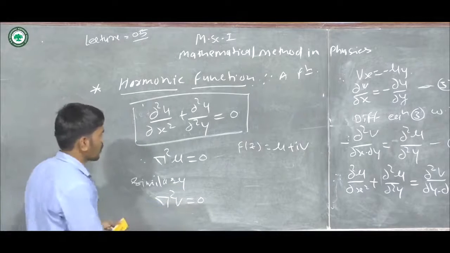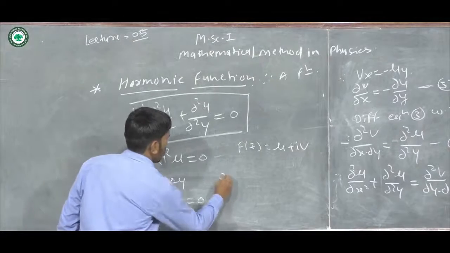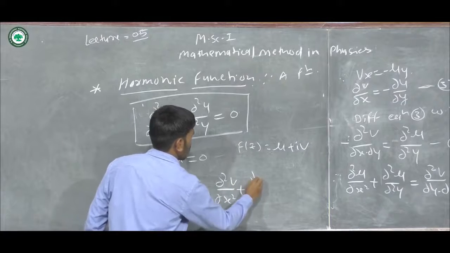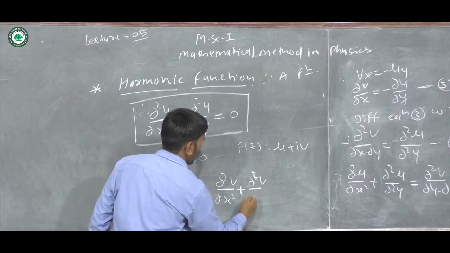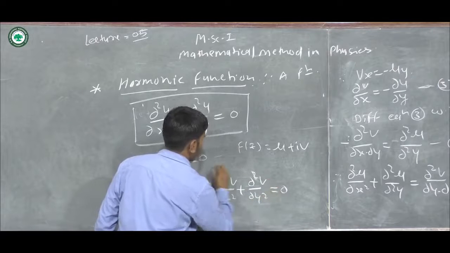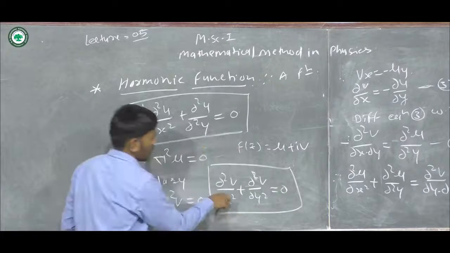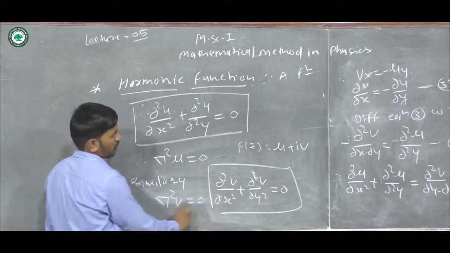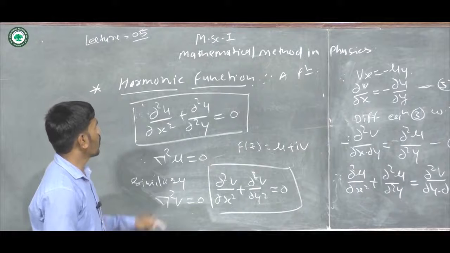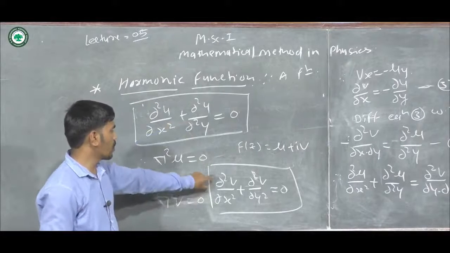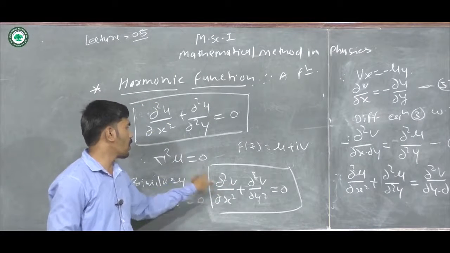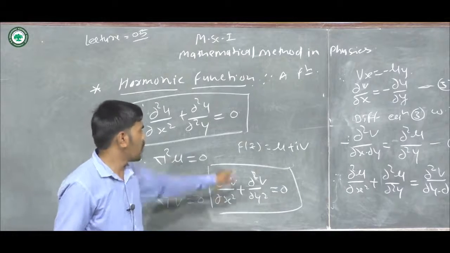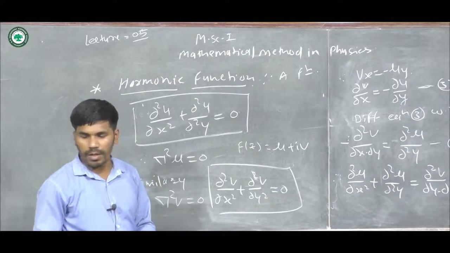So you can write dou square v by dou x square plus dou square v by dou y square is equal to 0. This is the same thing, del square v is equal to 0. So this is about the harmonic function. If u and v are harmonic functions, we can call f of z analytic.